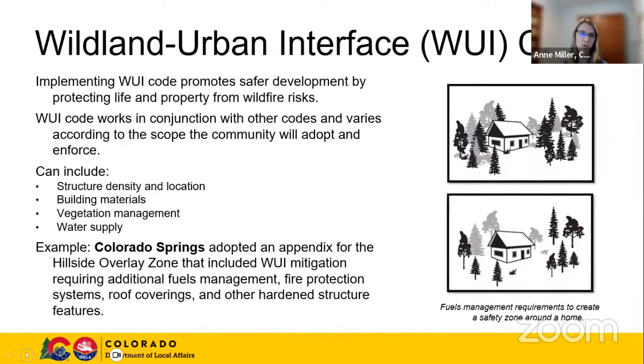So those are a couple more recent examples of communities that have chosen to take this approach. And so it can look at wildfire ignition resistant building materials, vegetation management, so having that defensible space around property, and density, location, water supply, all of those things come into play. Next slide.